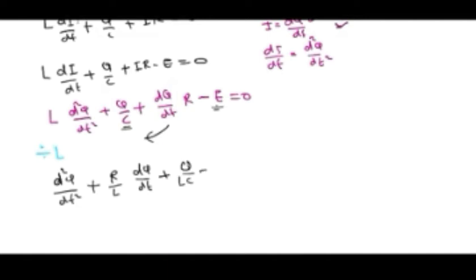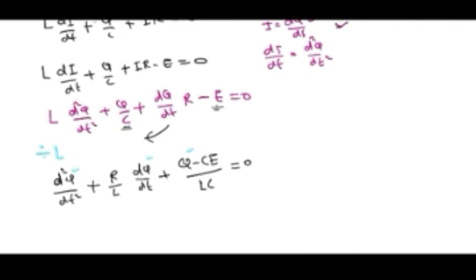Taking L outside, we can write this equation with LC in the denominator, as Q minus CE. Now we have this equation in terms of Q. To solve it, we make some substitutions.